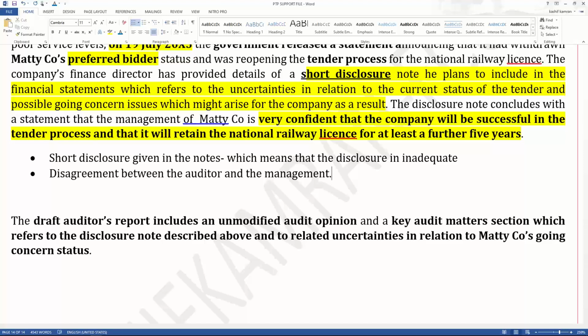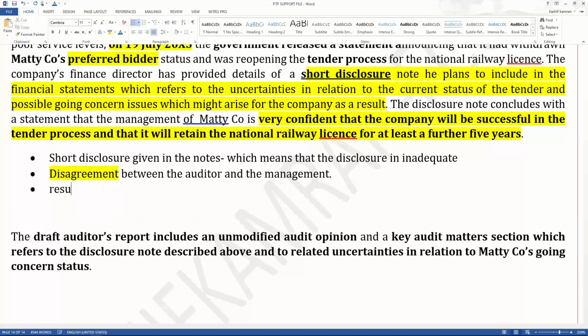So if there is a disagreement between the auditor and the management, will that result in a modified report due to issuance of either a qualified opinion because there is a disagreement, or an adverse opinion?